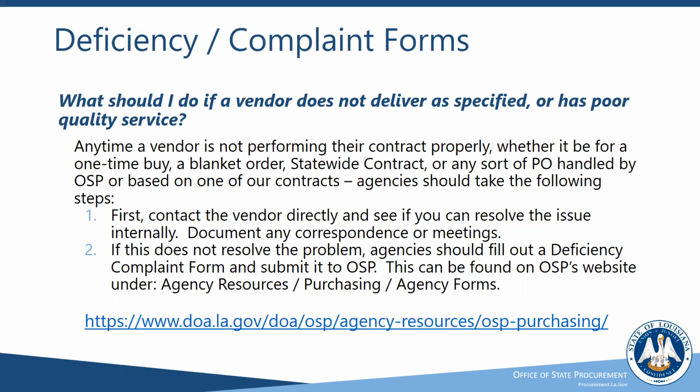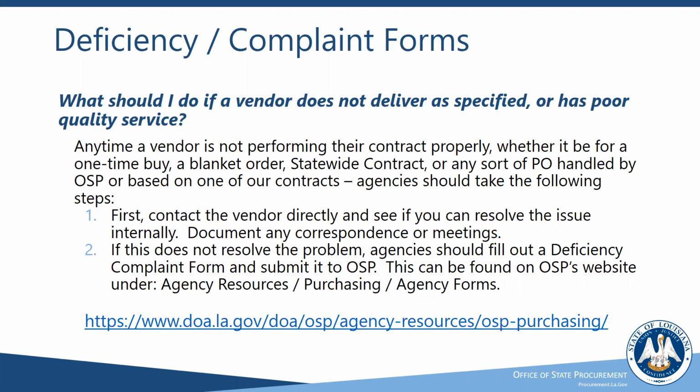So for example, let's say you ordered a product that your agency must have by a specified deadline, and the awarded vendor is unable to deliver within that delivery time that they quoted on their bid. We can take these steps to cancel the PO and award it to another vendor who can make the delivery in the required time frame.